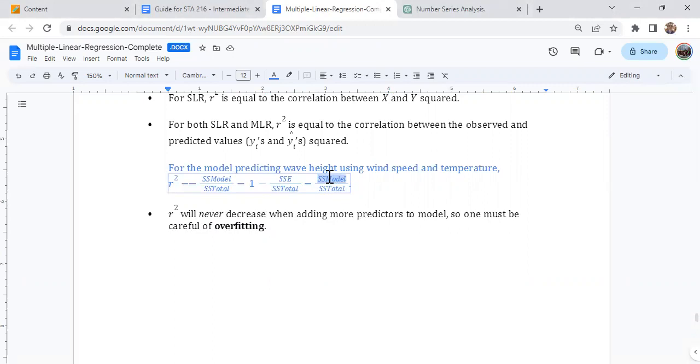So SS model we had... SS total should always be bigger than your SS model. Okay, we're not going to use this part of the equation. We're just using the first part.